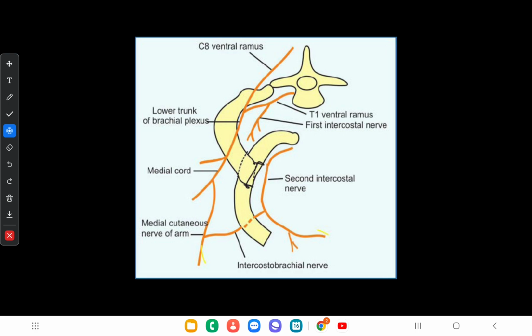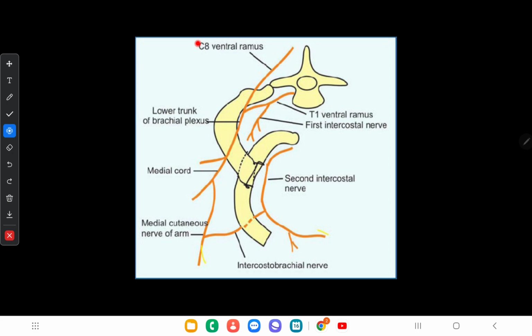From this picture you can see the T1 intercostal nerve, the ventral ramus of the T1 spinal nerve. You can see C8 has been joined with this T1 ventral ramus. That means the nerve which arises from the brachial plexus.